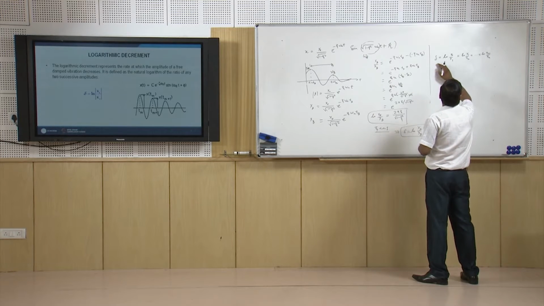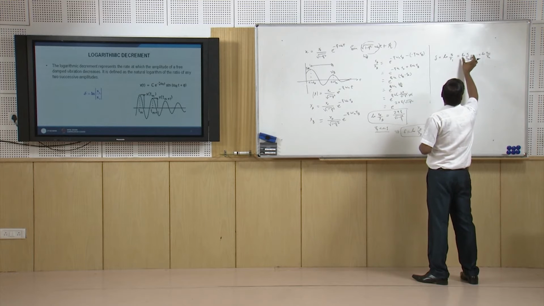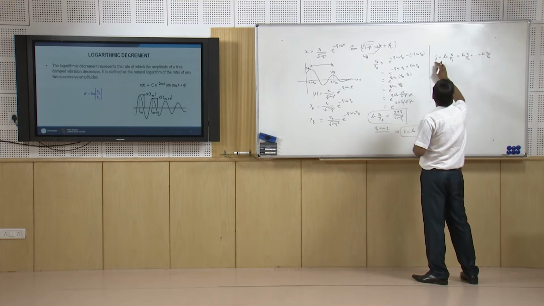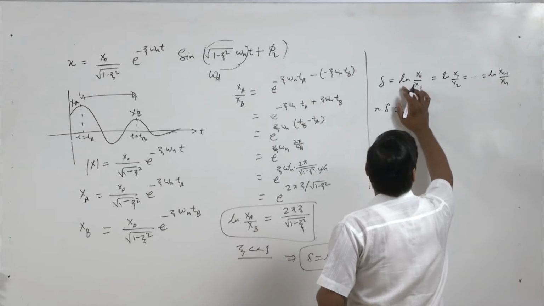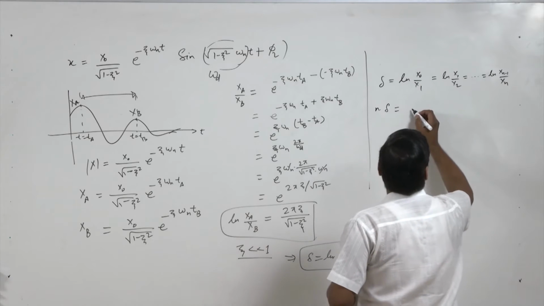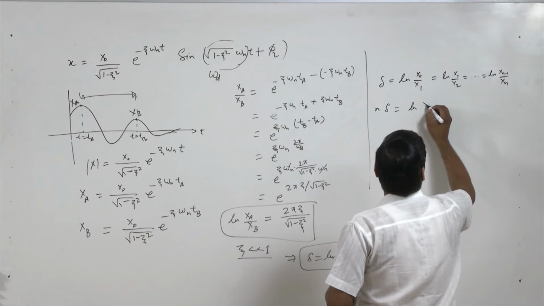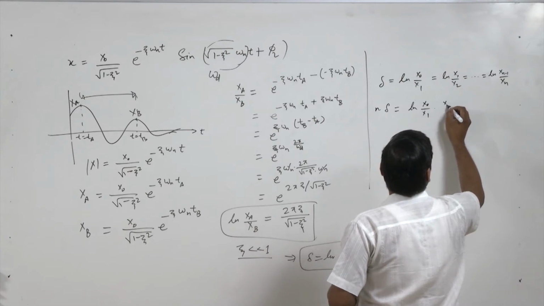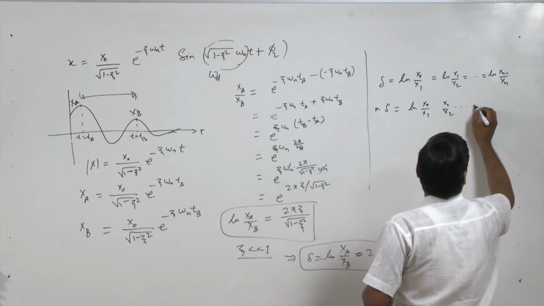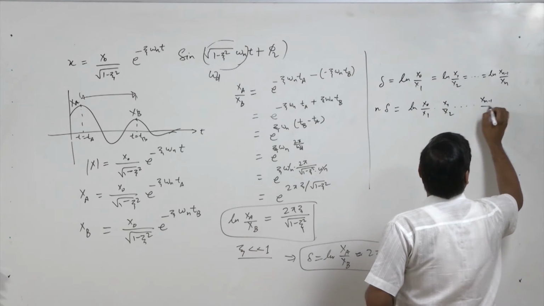Now we add these terms. This is n terms, so it is n into delta, and when we add the logs they will come into multiplication. So x0 by x1 into x1 by x2 into xn minus 1 by xn.